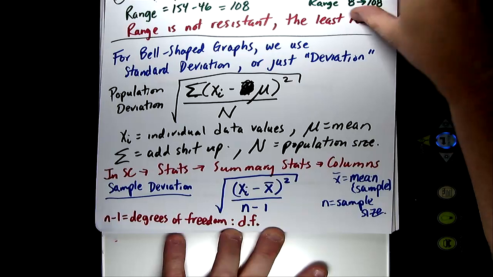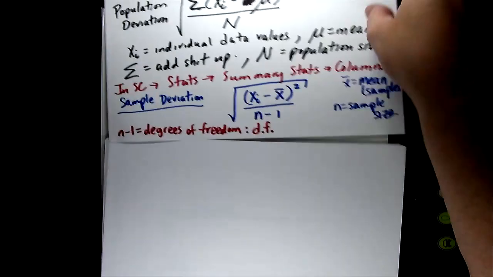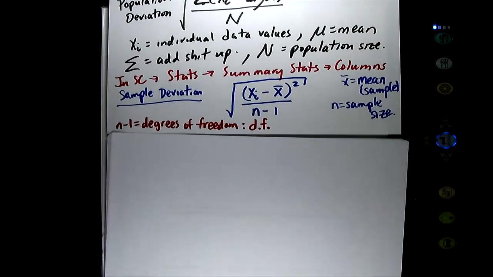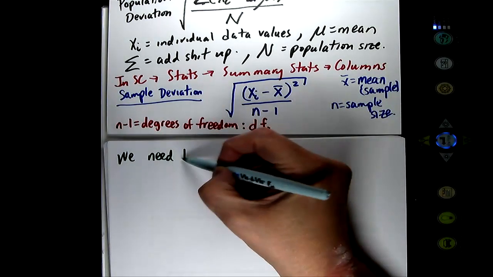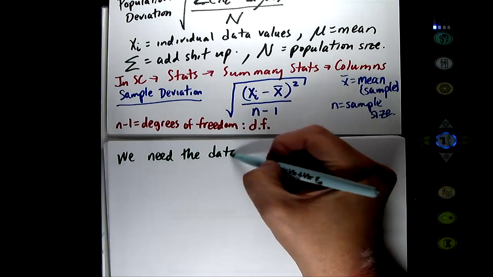So for both of these, you can see that we need to have the data, because that's all of our xi.